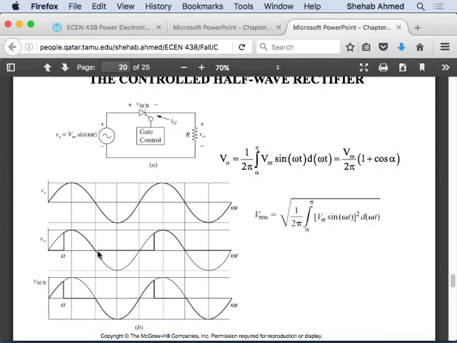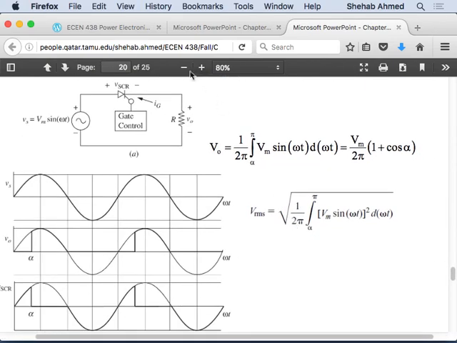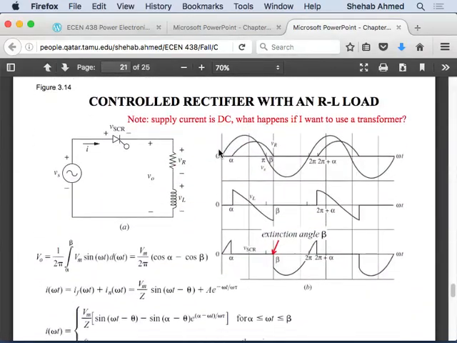So calculation of the average output voltage, instead of being 1 over the period, integration over the period, it's 1 over the period, which is 2 pi, integration from alpha, which is the firing angle of the thyristor, all the way to pi, because I know that the voltage becomes 0 after that. So here's the calculation of the output voltage. You need to note that. RMS value, calculate that. I mean, there's nothing really amazing here.